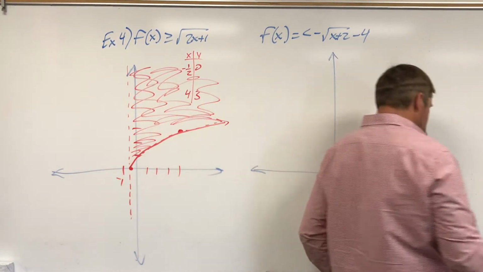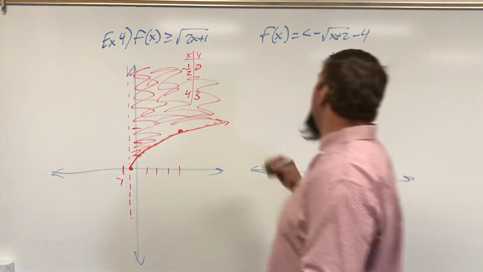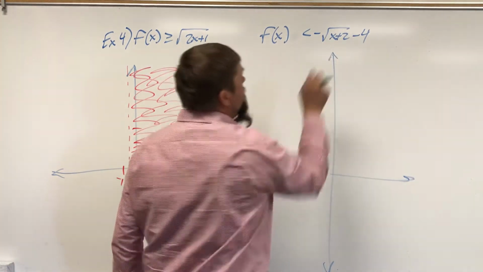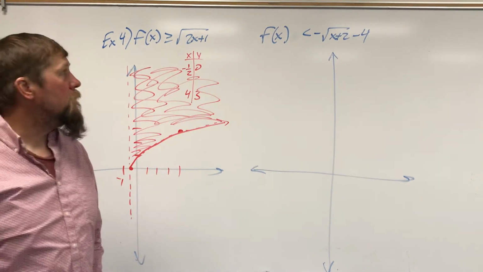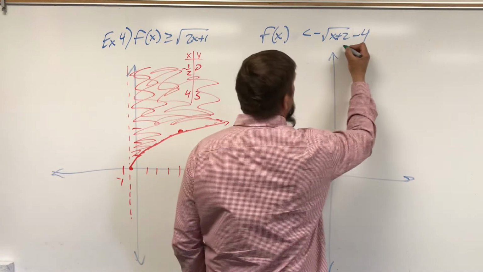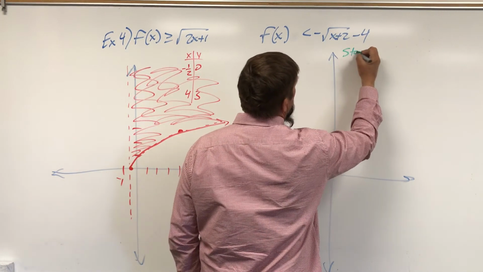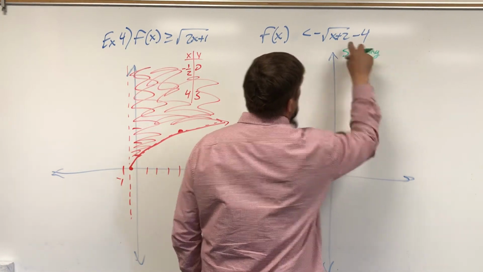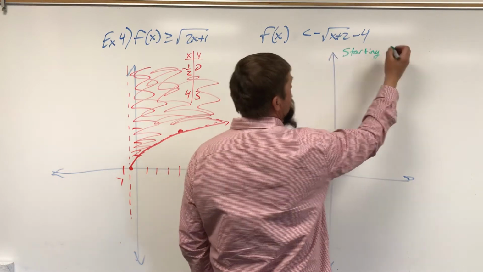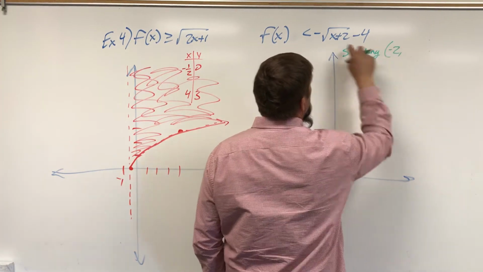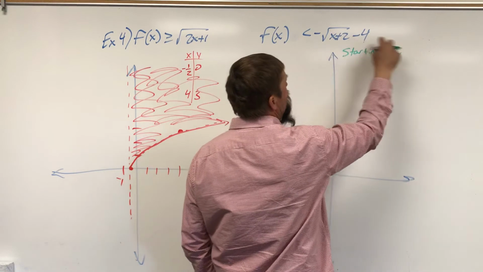All right, let's look at this one. This one, we have y less than negative the square root of x plus 2. We know our starting point is what makes underneath the radical sign 0, so that's negative 2. And then if this is 0, we minus 4.